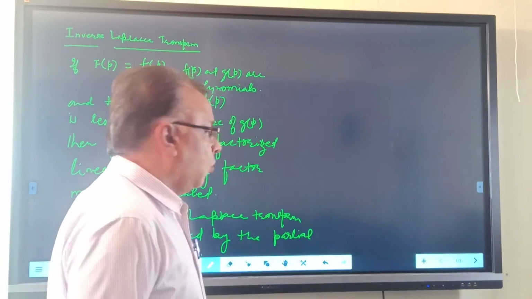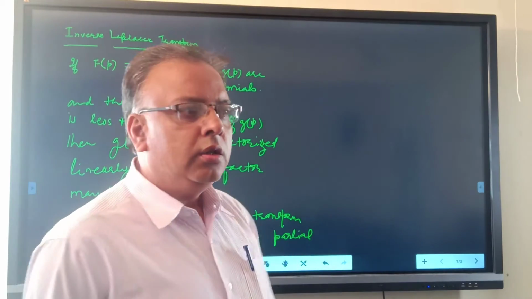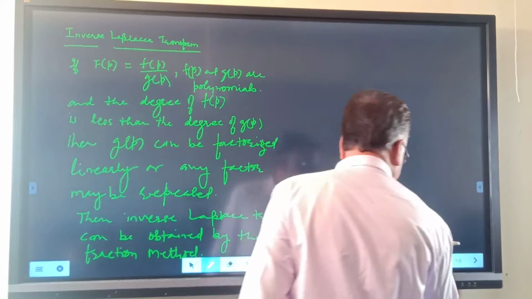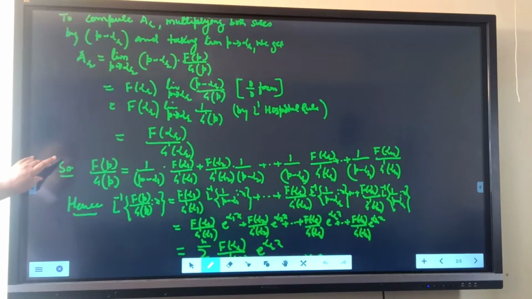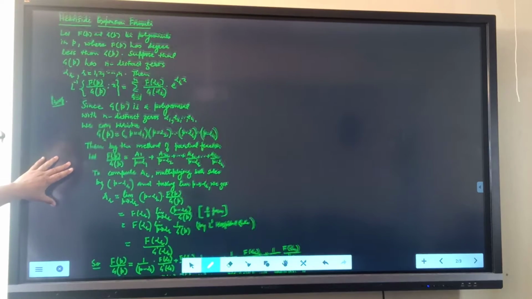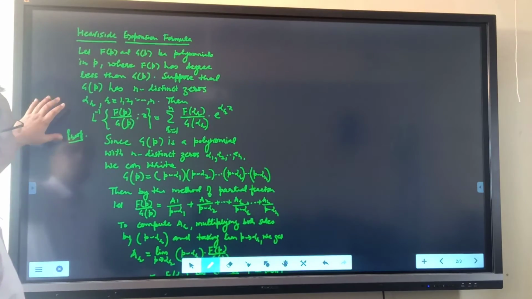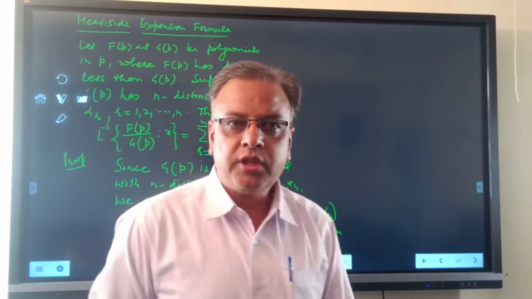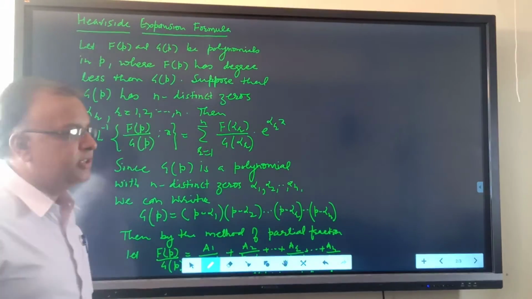Now, one of the important formulas, or short trick methods, to find the inverse Laplace transformation is known as the Heaviside expansion formula.